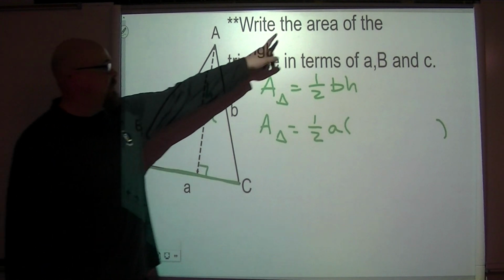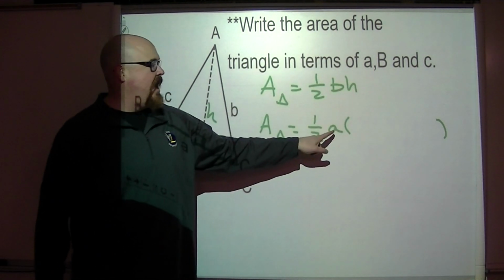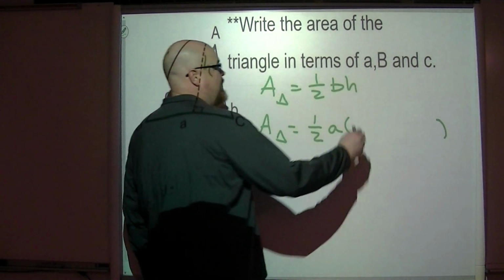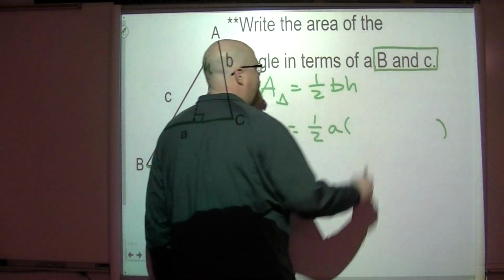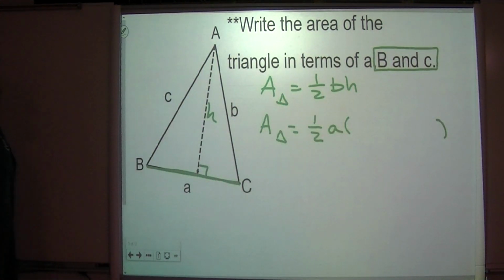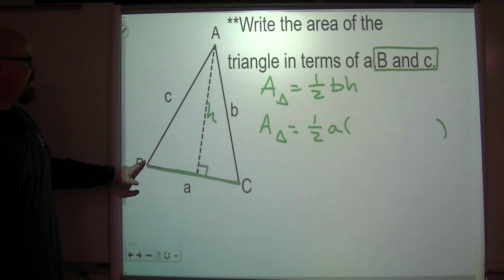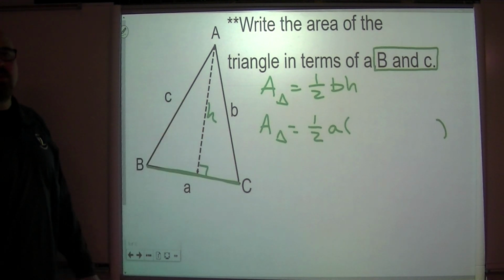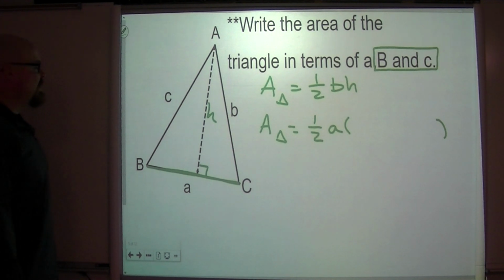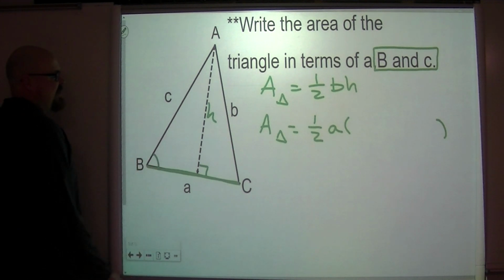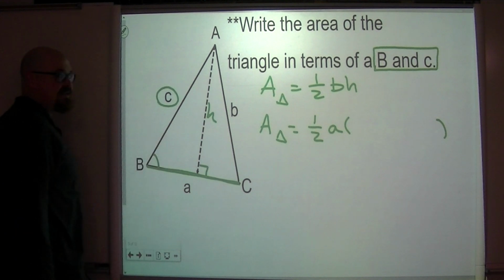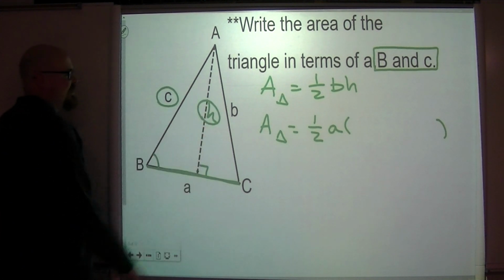I've got the area with the variable A involved. So how do I involve angle B and the variable C in this problem? It's got everything to do with that right triangle stuff that we were doing before. So this angle B, this side C, and this height segment that I just drew right here.